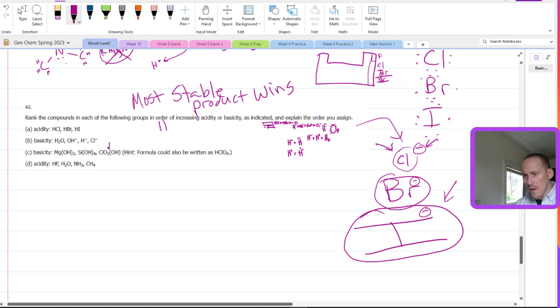So that is a strong acid. I want to say that's hypochlorous acid, which is a fairly strong acid. Here we have silicon tetrahydroxide and magnesium hydroxide. So magnesium hydroxide is a strong base, I'm pretty sure.